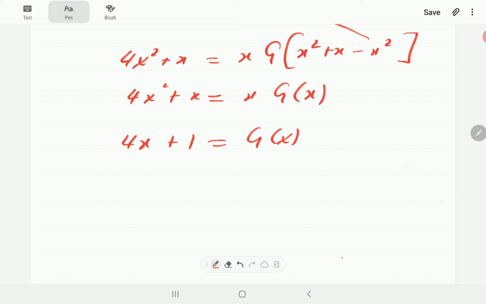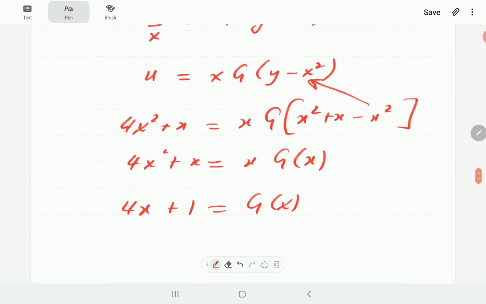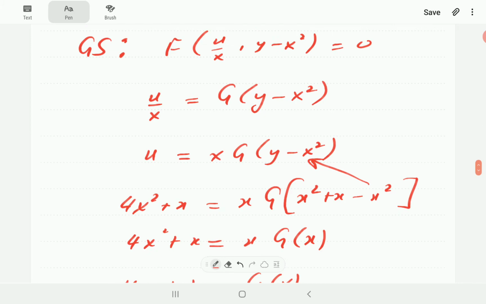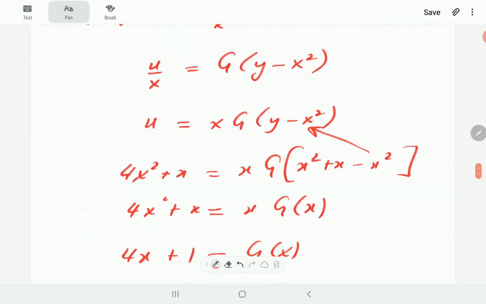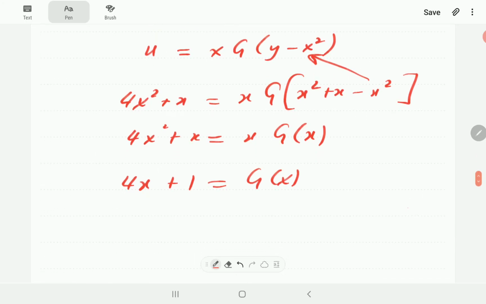Okay, and then we can now write the solution. So if we go back here, if g of x is 4x plus 1, then g of y minus x squared: we replace every x by y minus x squared. So it's going to be 4 into y minus x squared plus 1.